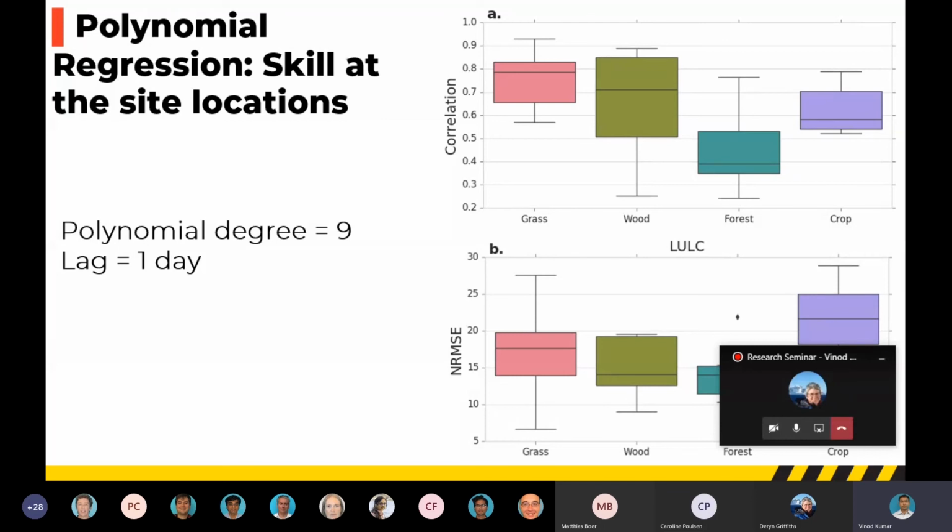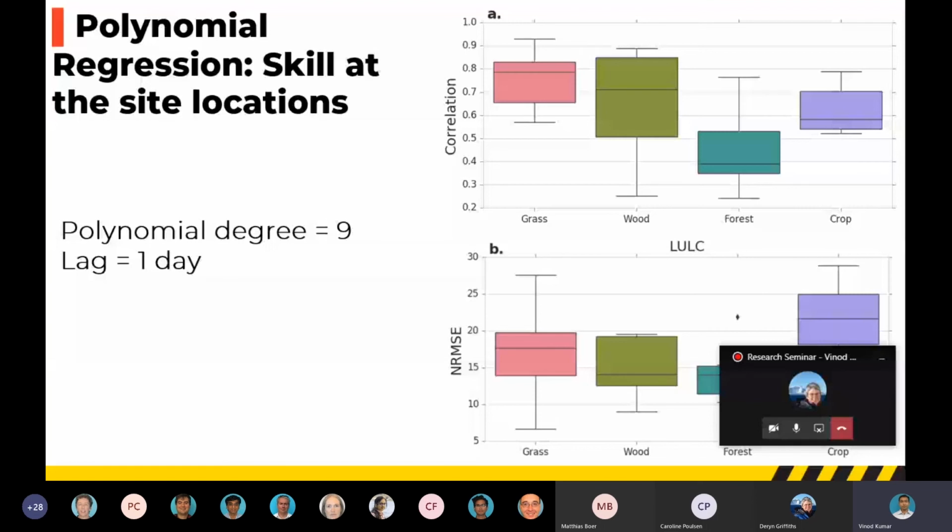So we found that we can construct a model with a polynomial degree of 9 and a lag of 1 day, which gives us fairly reasonable skill. This is just to keep the model simple.